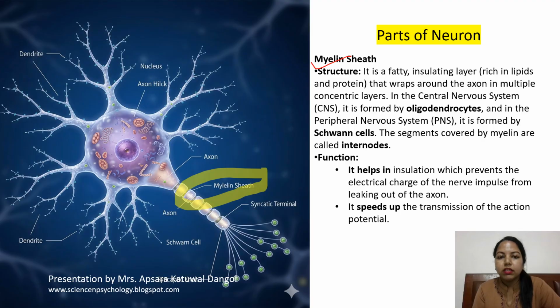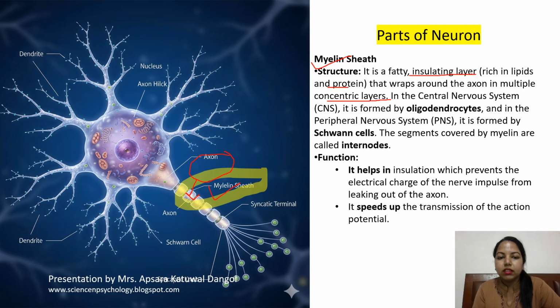Next is the myelin sheath, which we have already discussed in the axon part. The myelin sheath is a fatty structure, as you can see in the figure. It is an insulating layer rich in lipids and protein that wraps around the axon in multiple concentric layers.